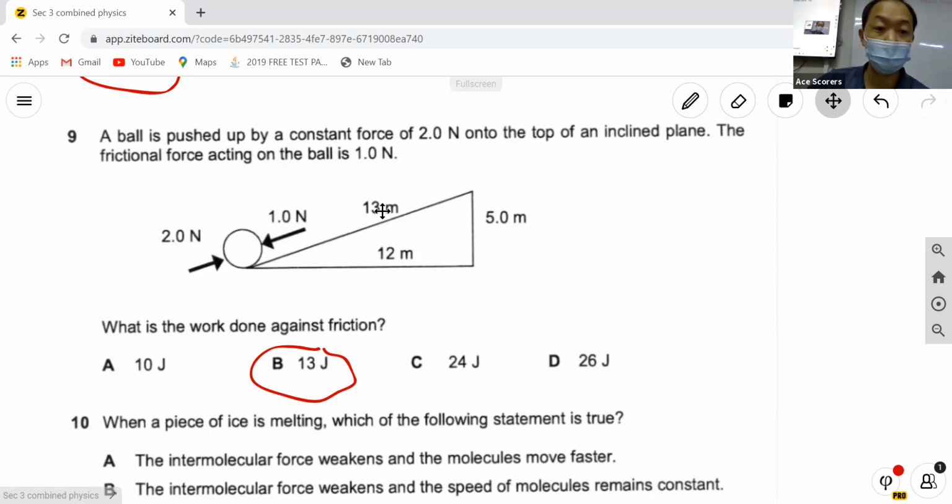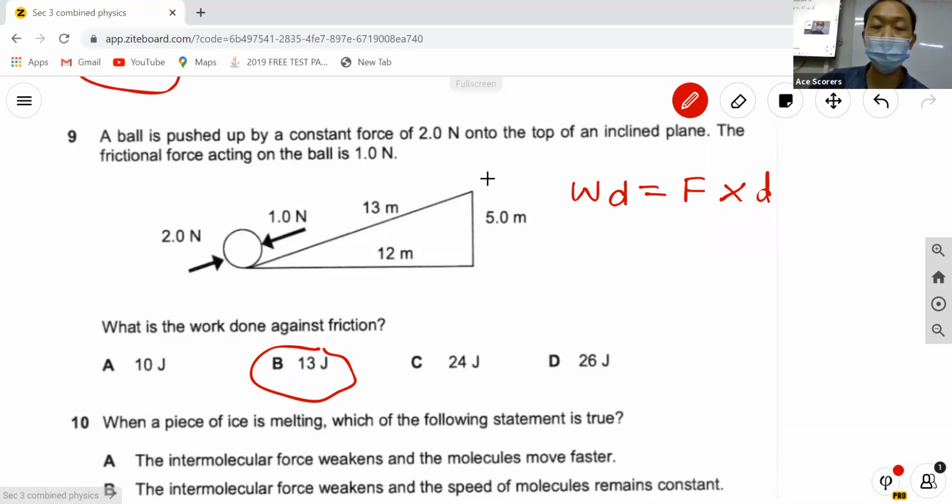Okay, so now you see friction is going this direction, and what is the distance? Remember, work done equals what? Yeah, work done equals force times distance. So our friction here has a value of 1, and I know this thing is moving up, right?